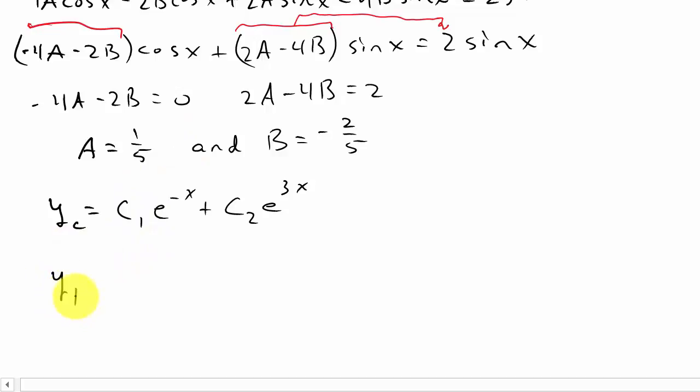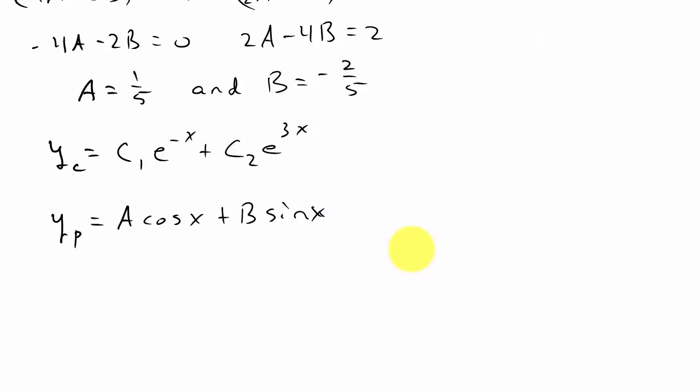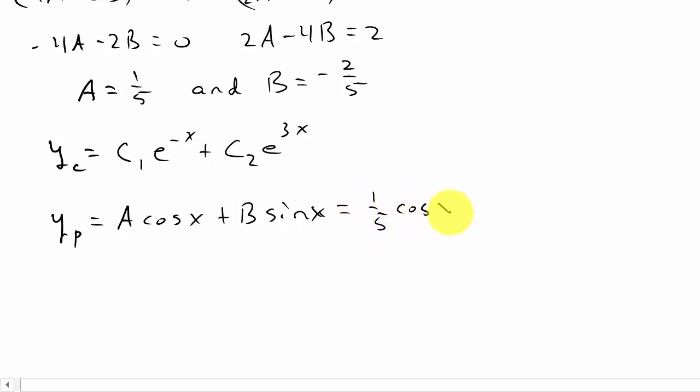And then we guessed y sub p to be a cosine x plus b sine x. Well, we solved for a and b, so that means y sub p would be 1/5 cosine x, and then b was negative 2/5, so that's minus 2/5 sine x.